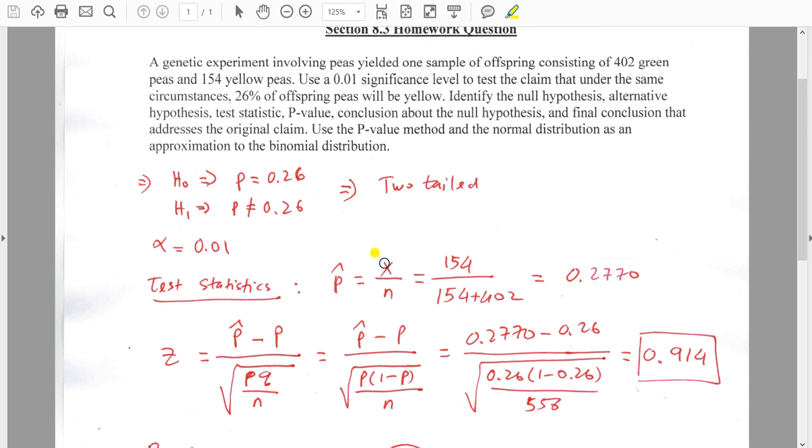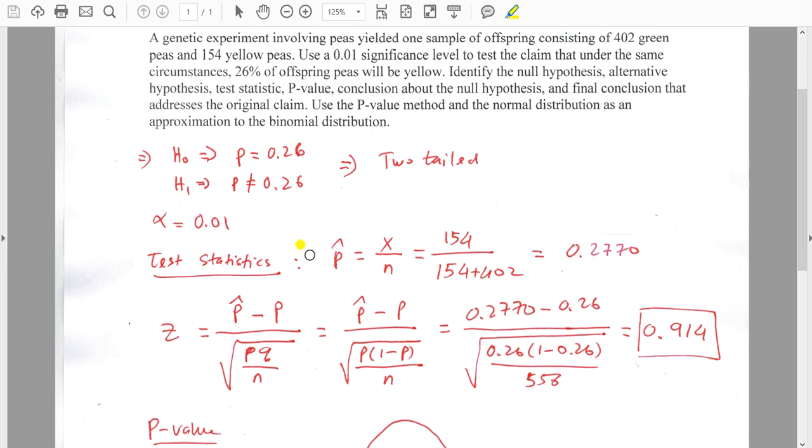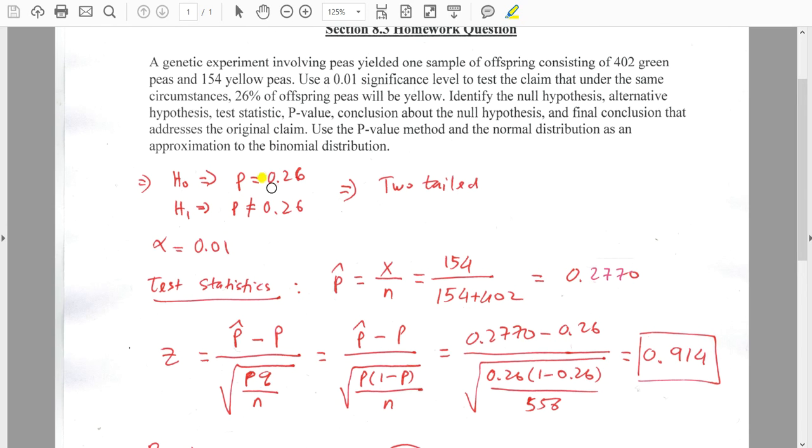So I take the value of the yellow, which is 154, divide by n, the total number of offspring from the data, which is 42 plus 154. I got the point estimate p hat, which is 0.2770 in this formula. Now the p here comes from the original claim, the one we're testing for, which is 0.26.